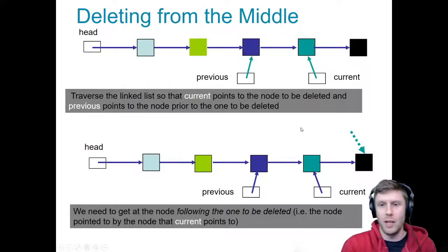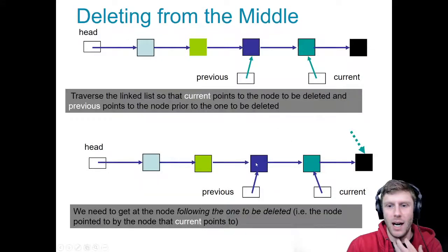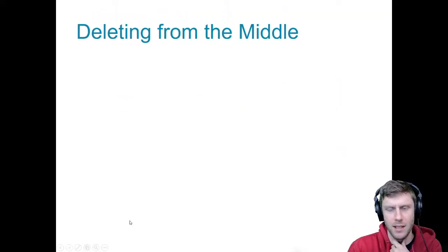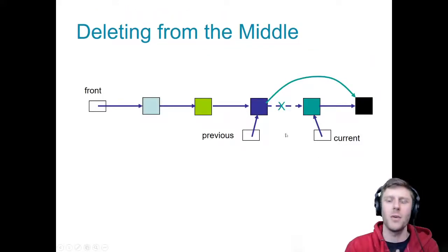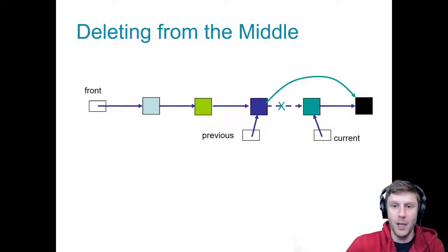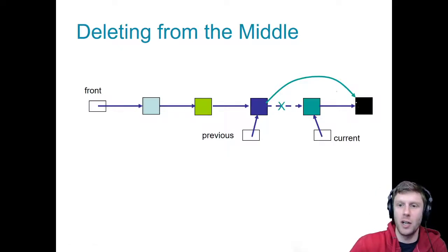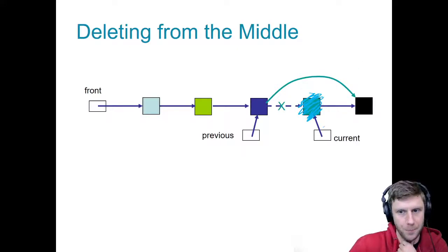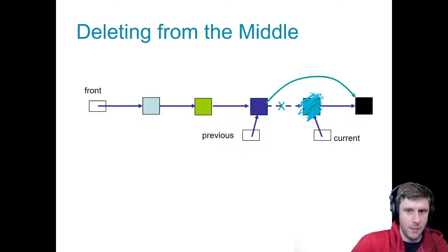So here's what I want to do. Here we go. I will say previous's next is what current's next is. And then I'm going to want to delete current after, assuming I want this actually deleted and I'm not using it somewhere else in the code. So this is how you would do it.